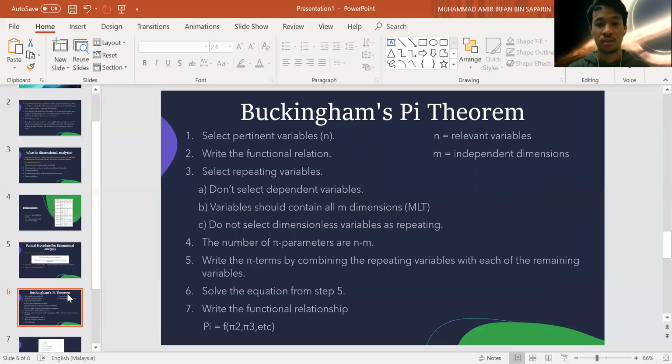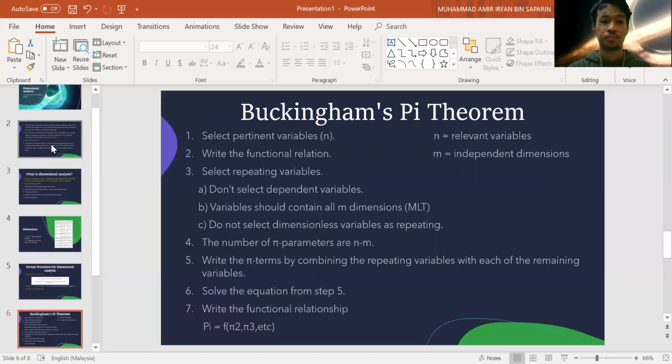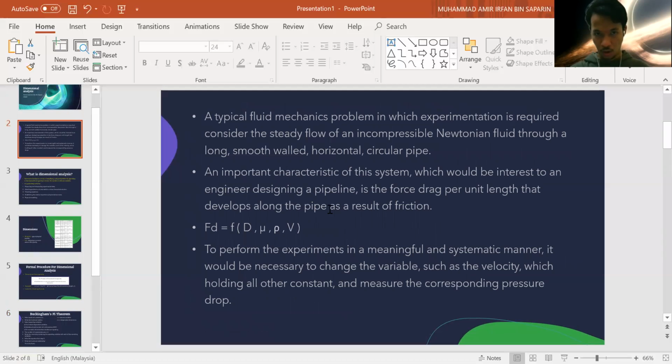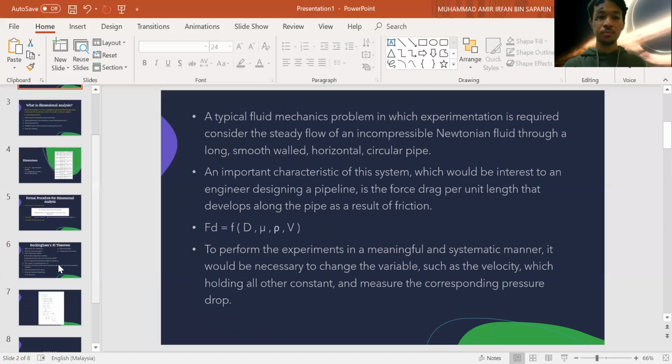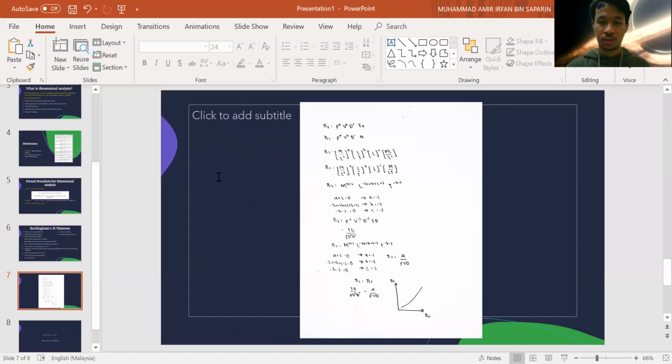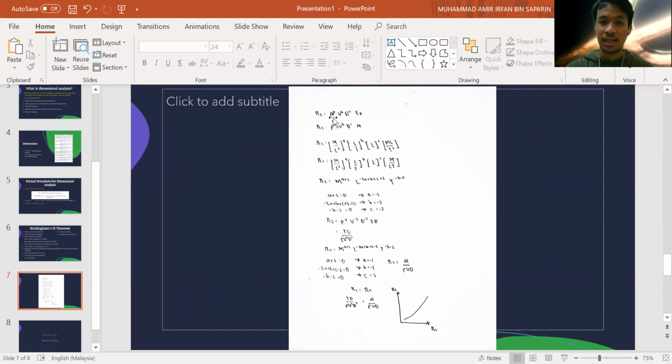The second rule is variables should contain all the m dimensions, M, L, T. So I choose density, velocity, and also diameter. Here, density, velocity and diameter all have L.